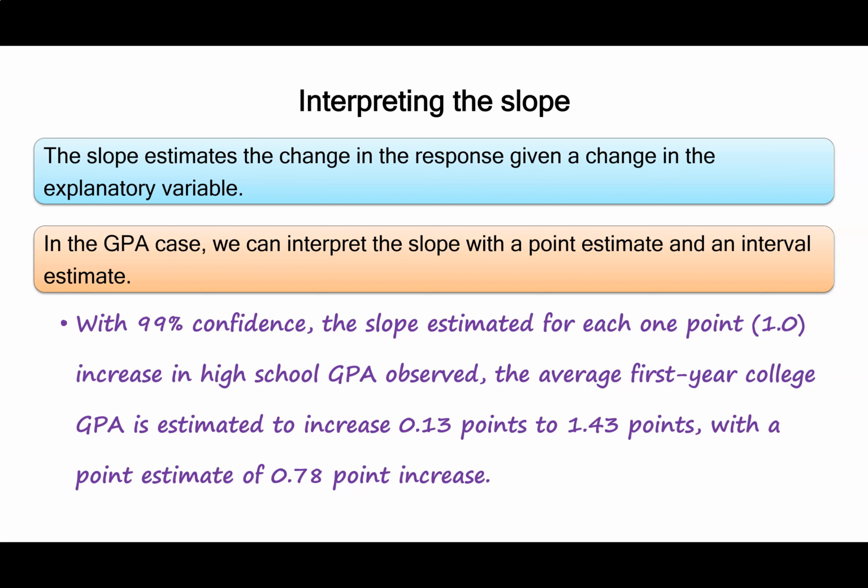And since we did not have 0 in our confidence interval, which agrees with our hypothesis test, if we had negative numbers to positive numbers, we would have estimated a decrease of whatever to an increase of whatever. It's kind of confusing to write. Just know that negative numbers are decrease, positive numbers are increase.